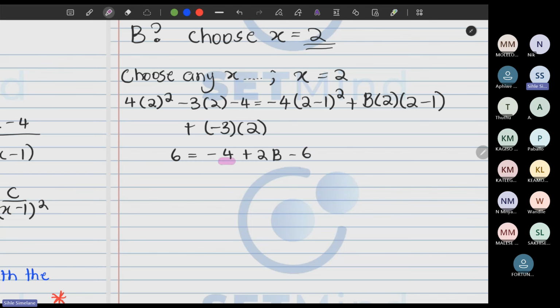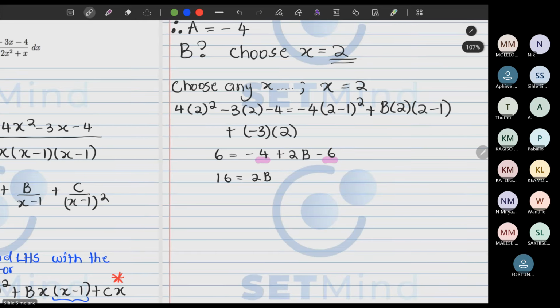So if you look carefully, this and this, that becomes minus 10. And then transpose it, it becomes positive 10. So we end up having 16 equals 2b. And then now we can divide by the 2 on both sides, such that what we end up getting is b equals 8.